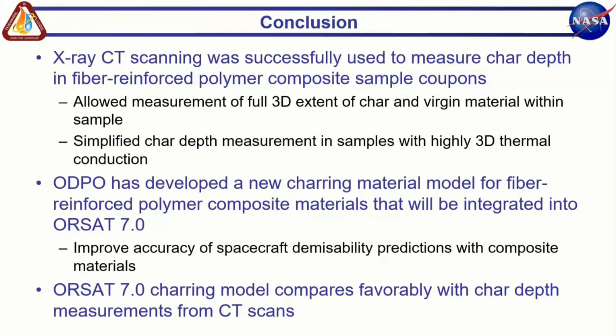So ORSAT provides multiple different basically primitive shapes that you can model components as, and you can have cylinders and spheres and boxes and flat plates, and many of these can be modeled with various options.